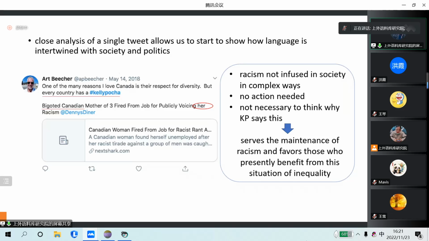And at the end, do you think something changed? Something positive changed for people of color? Not really, no. Because of the focus on her speech and her behavior, that was really deleted from this.